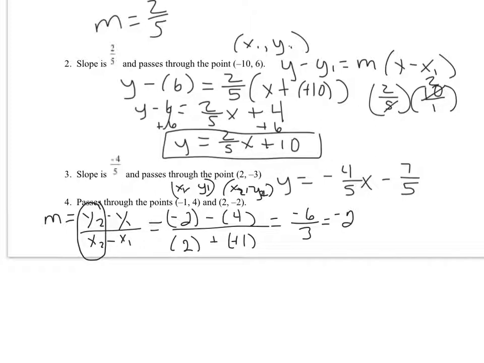So if I plug into y minus y1 equals m times x minus x1, I'm going to have y minus, and if I go back and look at my ordered pairs, my y1 was 4, equals, my slope is a negative 2, and I'll have x minus, and my x1 is a negative 1.